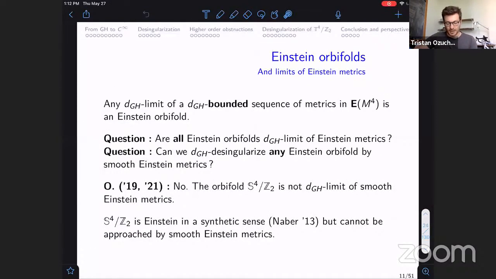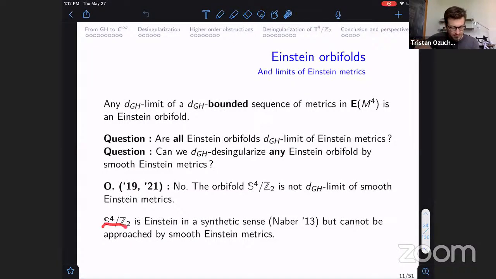I hope to explain a little why this is not possible. You cannot desingularize this American football metric by smooth Einstein metrics. They cannot be limits in the Gromov-Hausdorff sense. That's work that I posted online today, so it should be on the arXiv tomorrow, but most of the work was probably done in my thesis in 2019.